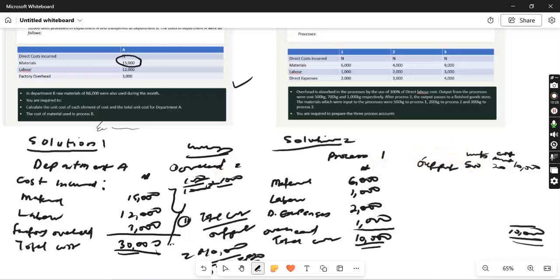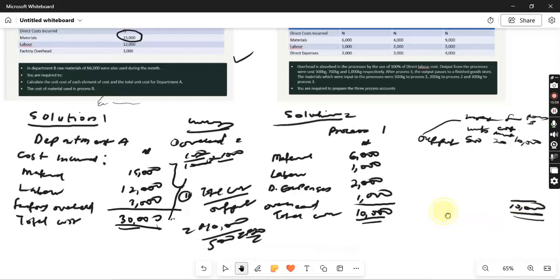This output will become the input for process B. So let us go ahead now and solve for process B.